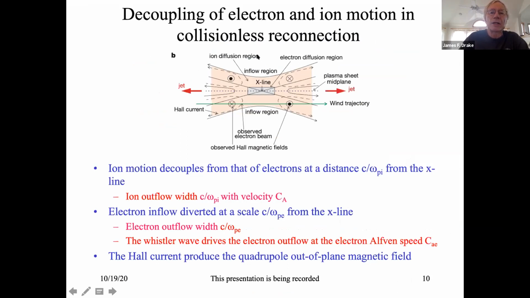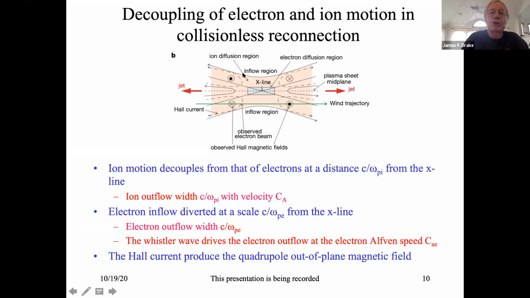The idea is that as you have plasma flowing in from below and above, because of the different masses of the electrons and the protons, the protons come in and turn the corner and start heading out at a scale size which is the so-called ion skin depth, c over omega pi. But meanwhile, the electrons, because their mass is so low, maintain their magnetization until they get much closer to the X line, until finally they break free of the magnetic field at a scale size which is the electron skin depth.